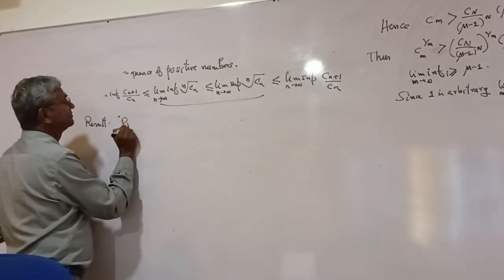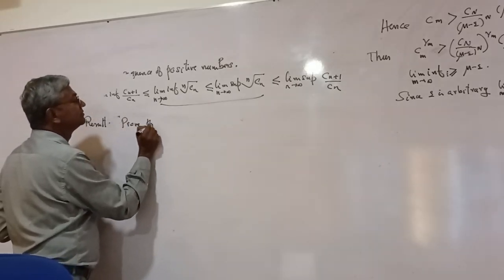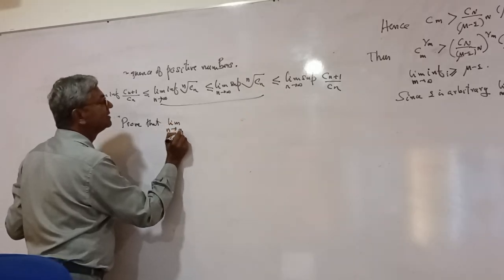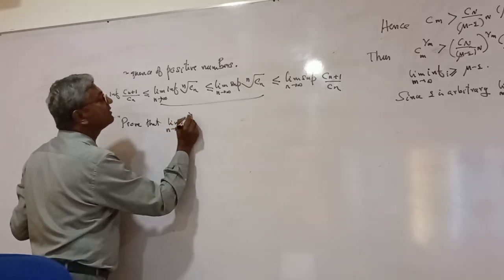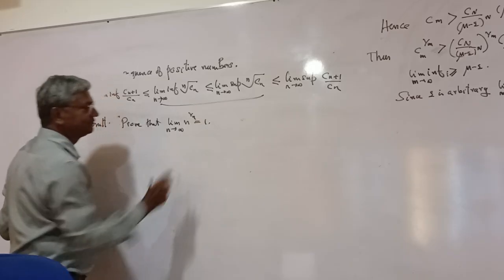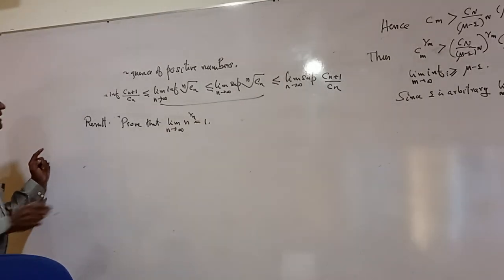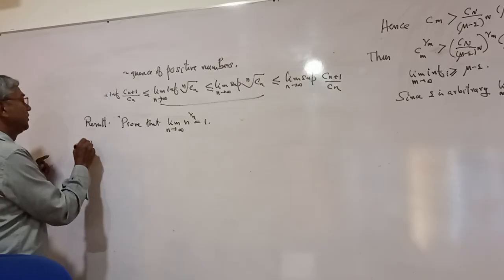Prove that the limit as n tends to infinity of n raised to the power 1 over n is equal to 1. Proof.